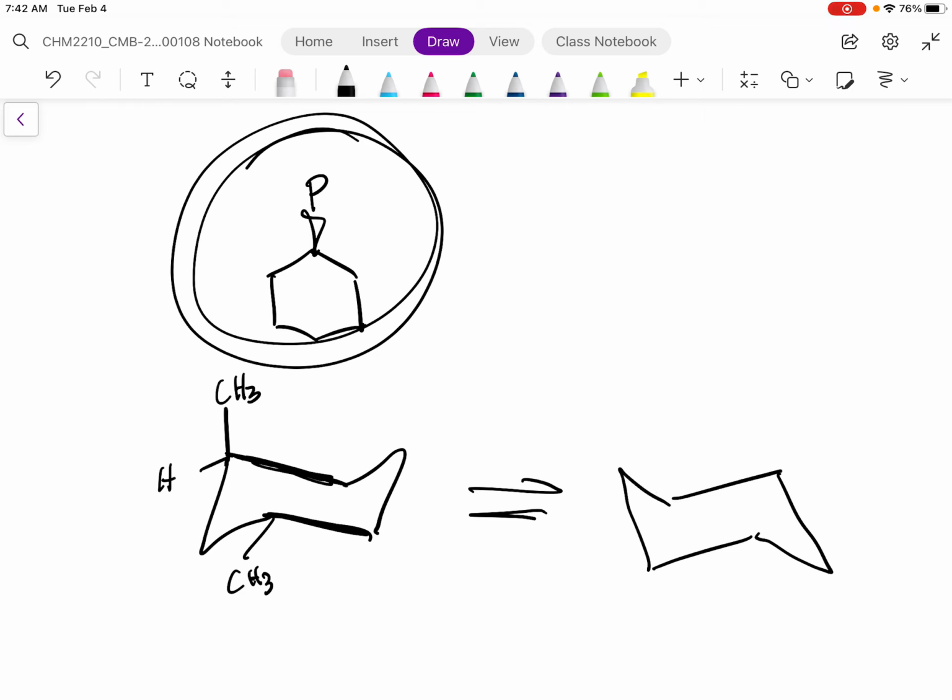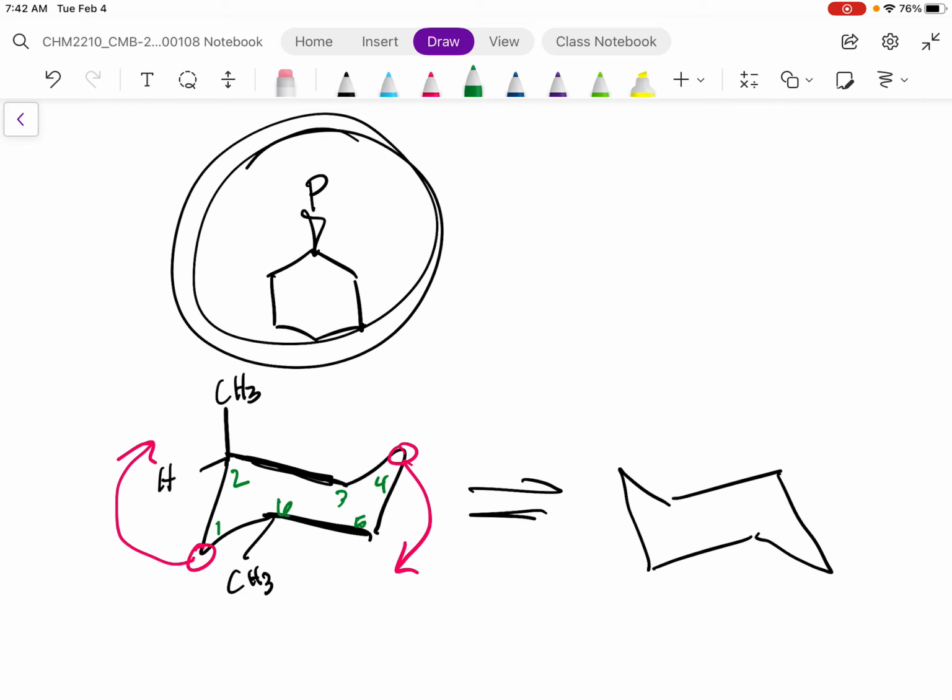Okay. Now when we do a chair flip, what's happening? This carbon is coming up, and this carbon is coming down. So if I numbered these carbons, and I'm not numbering them in any special way, I'm just putting down numbers, okay? I'm not trying to name the thing. 1, 2, 3, 4, 5, 6.